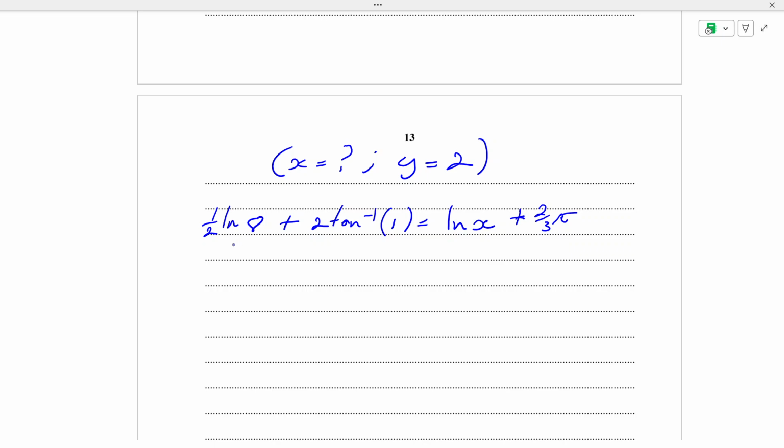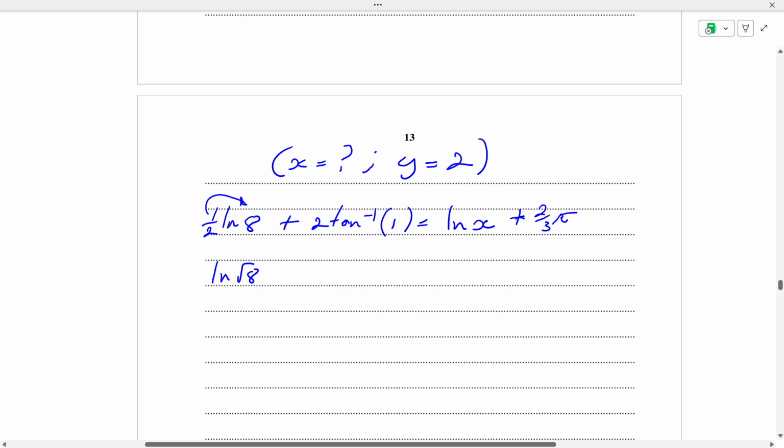We can simplify that. We can use that logarithmic law, and we'll change that to ln root 8, and we'll leave it like that.